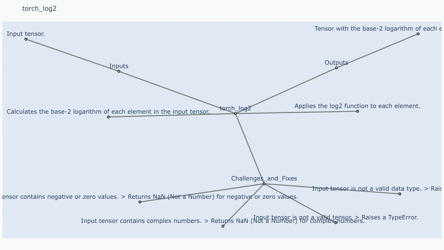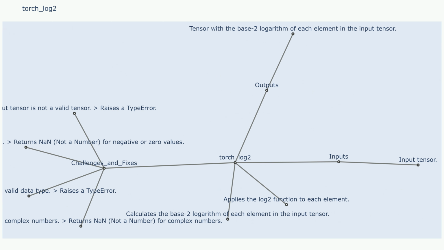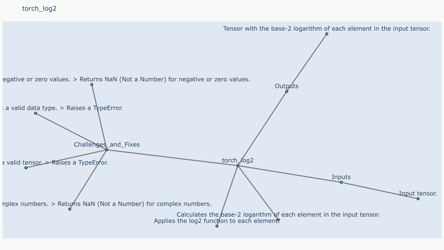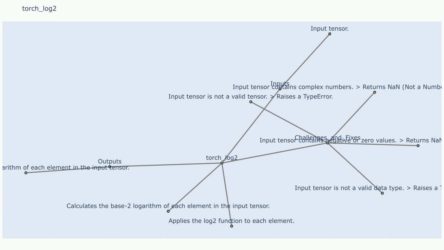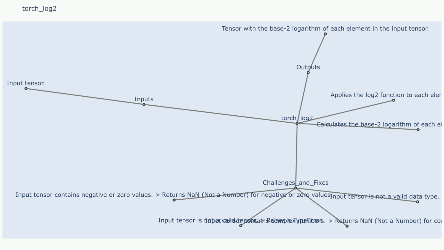Steps. The function iterates through each element of the input tensor. For each element, it calculates the base 2 logarithm using the math.log2 function. The calculated logarithm value is stored in the corresponding element of the output tensor.